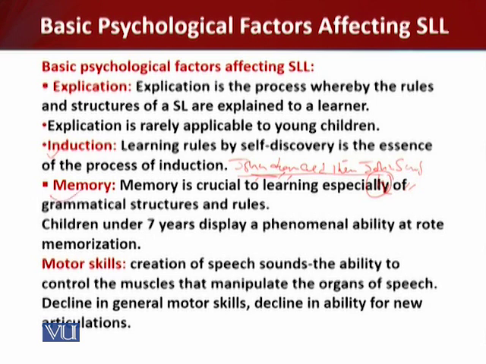Then we have memory. Memory is crucial to learning. It is inconceivable that a person with a severe memory impairment could ever learn his or her native language, much less a second language. Memory is similarly crucial for the learning of grammatical structures and rules.